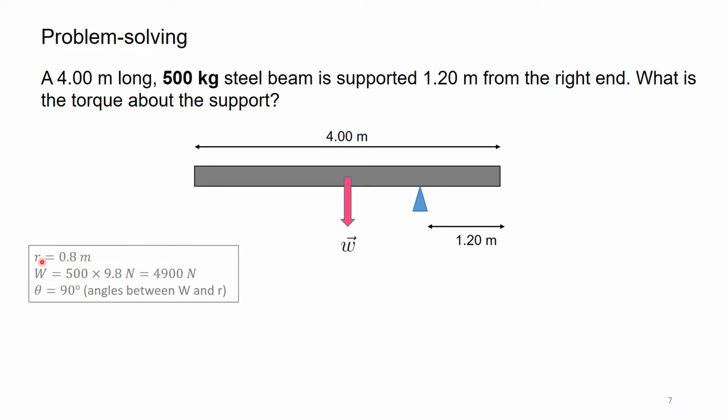So R is the distance from the pivot to the center of mass. So let's draw R in the picture. So this distance is R. And you can see that R should be equal to 0.8 meters.